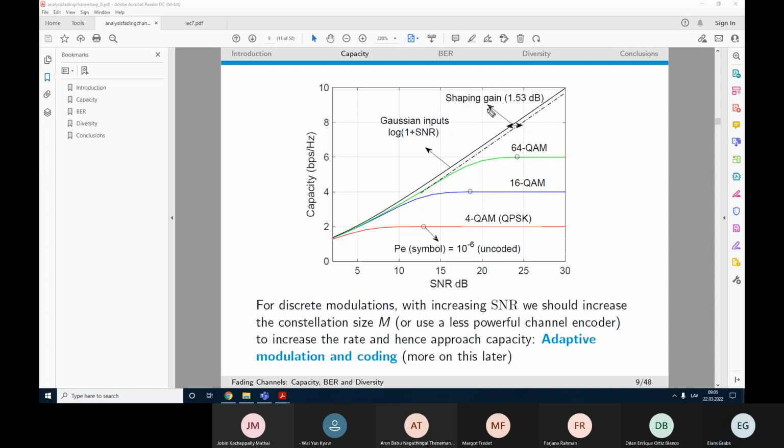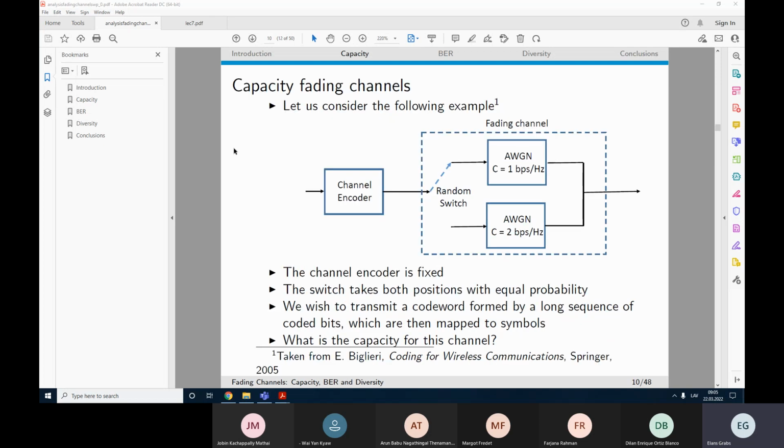This dotted line shows how close we have actually gotten. We didn't reach this theoretical limit just yet, unfortunately, and there is a lot of work to be done, including, as mentioned here, adaptive demodulation and coding. So the codes adapt to changes of the channel, since the Rayleigh channel actually changes in time.